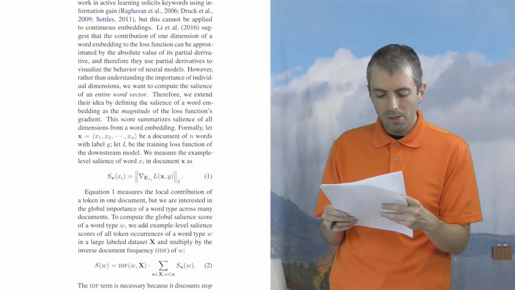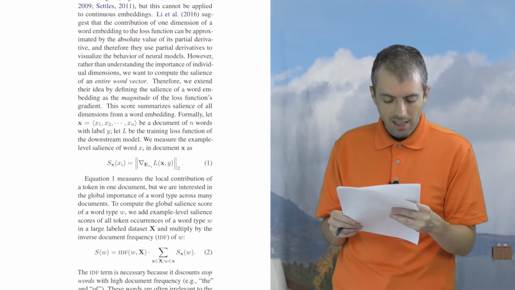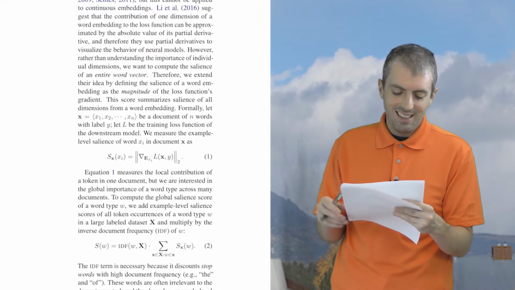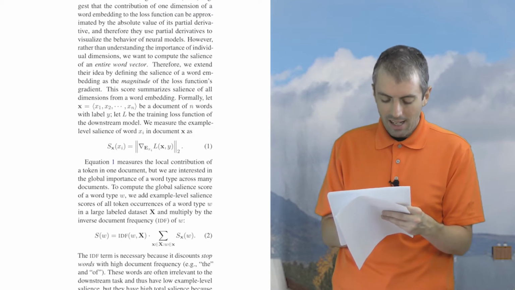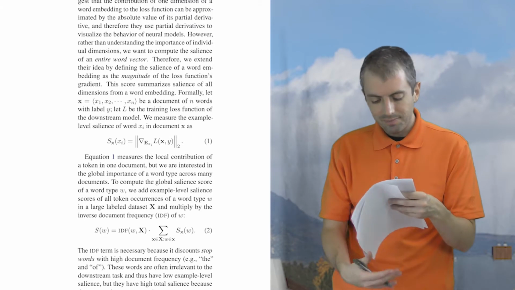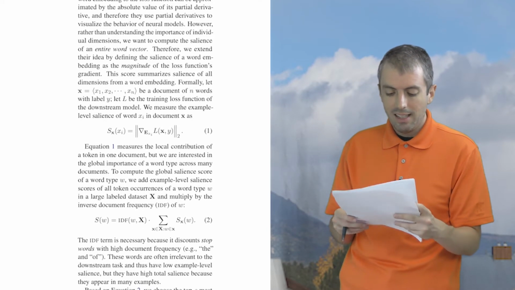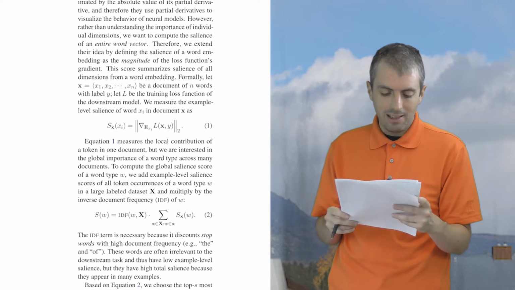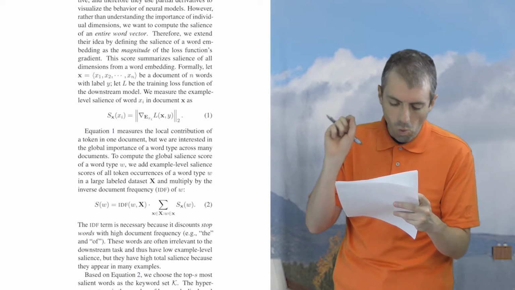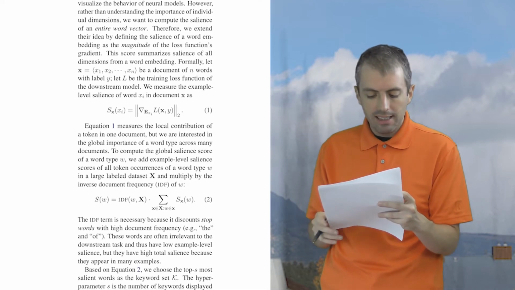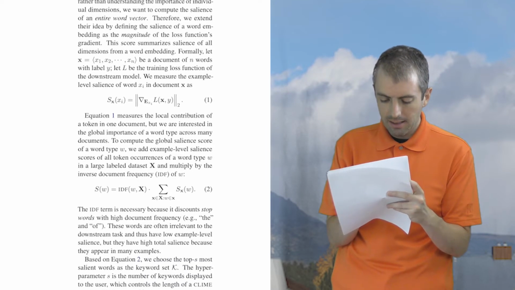We measure the local salience of word xi in document x: the salience S of xi is equal to the L2 norm of the gradient, with respect to the word embedding, of the loss function of example x with label y. Equation 1 measures a local contribution of a token in one document, but we are interested in the global importance of a word type across many documents.